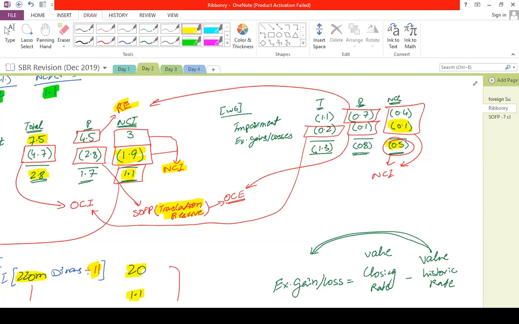Getting this, Cindy? Okay, great. So this is how we were supposed to calculate the foreign subsidiary.